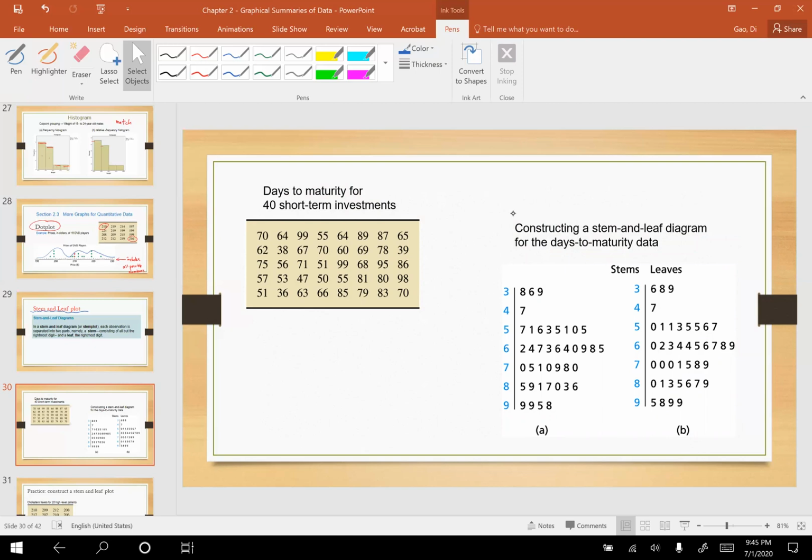Now let's look at an example: days to maturity for 40 short-term investments. So 40 is our sample size, meaning we have 40 values in this data set. To construct this stem and leaf plot, we separate the data into stem and leaf.